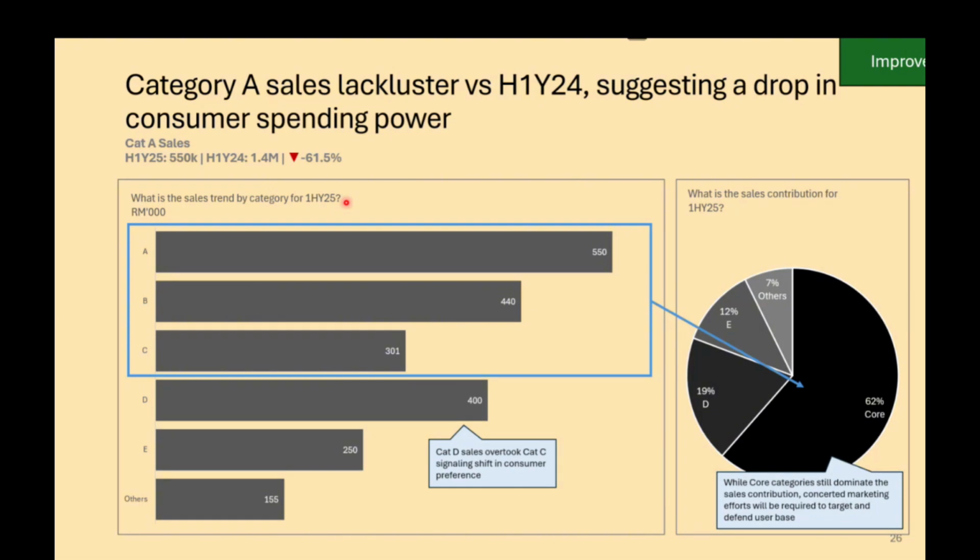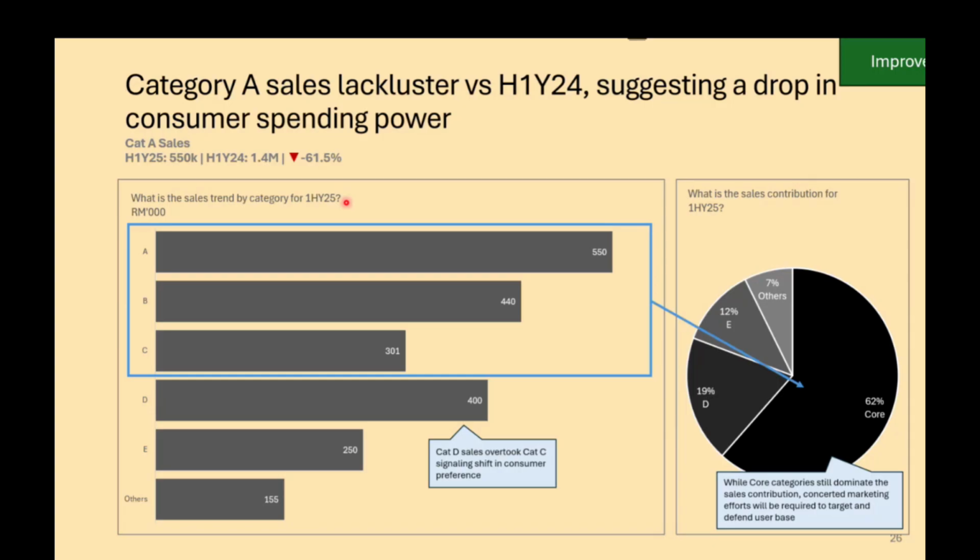But of course, if I'm building an operational report or a dashboard in Power BI with multiple pages, I will not have questions. I will just keep my title short and sweet, like sales trend by category, full stop. So it depends on where my visual is going to be used.